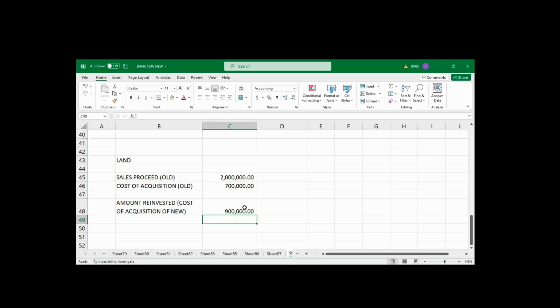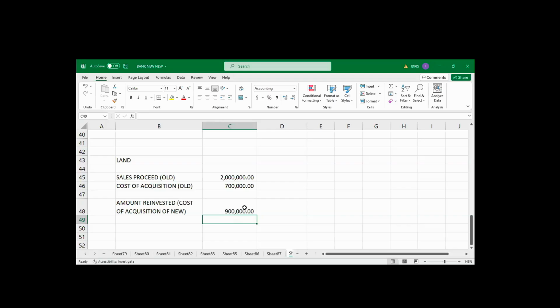Nil rollover relief simply means it's available where the amount reinvested in the acquisition of new assets is less than both sales proceeds of the old assets and cost of acquisition of the old assets. So, ladies and gentlemen, what type of rollover is this?